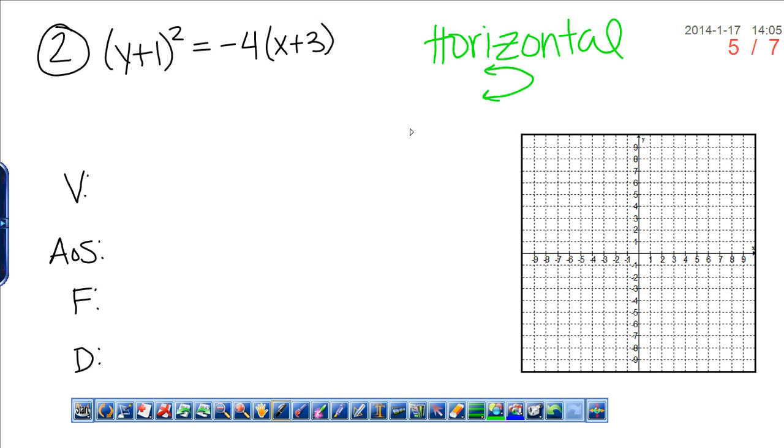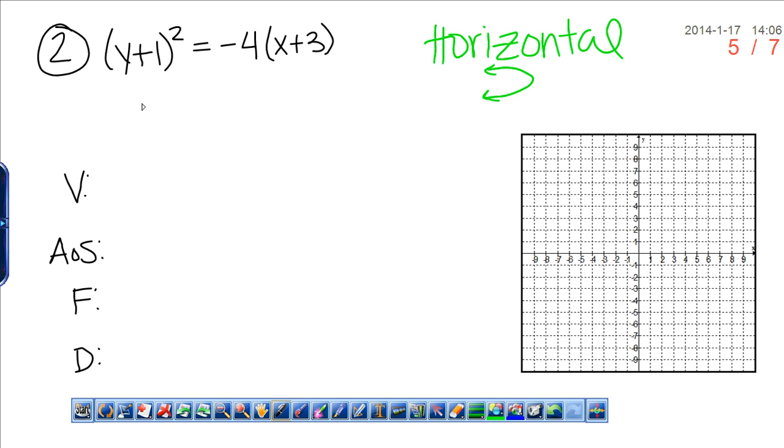I'm not saying you have to, I'm just saying it's going to help you. Why does it open to the left? Because this 4p value is negative, and when this number is negative, you're going to open in the negative direction. For horizontal, that would be left.